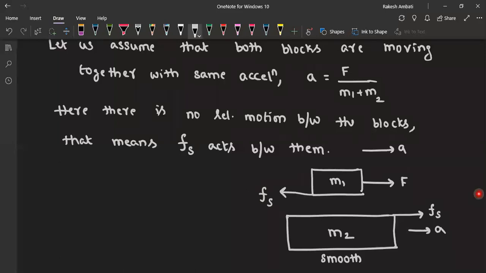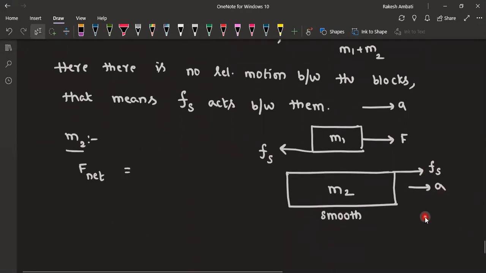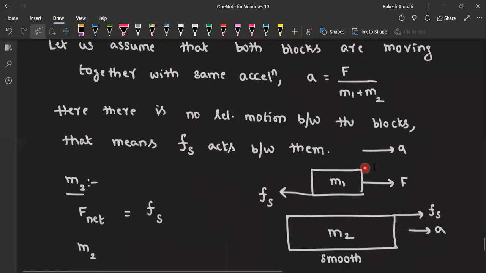Now to find this Fs, what is the easiest way? By taking the M2 block, it is easier. Now you take M2 and write down the dynamic equation. What is the only driving force acting on it? Fs. Then resultant force is mass into acceleration. Mass is M2 and we already have the common acceleration, F upon M1 plus M2.